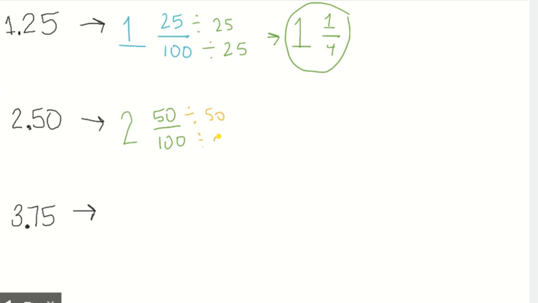By 50. So this is going to become 2, so I'm just bringing this one on down, 1/2. So 0.5 or 0.50, 50 cents, is half of a dollar.